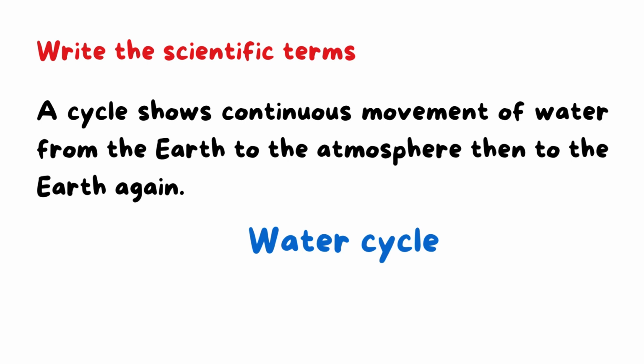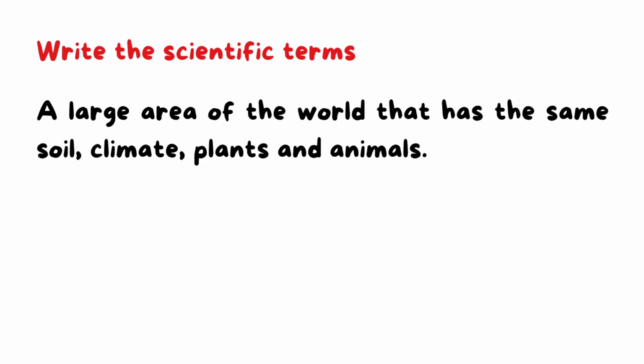Yes, this is the water cycle, as water evaporates and condenses again, and returns back to the earth in the form of rain. Here we have the last scientific term: a large area of the world that has the same soil, climate, plants and animals. Yes, these large areas that have the same conditions are called a biome.